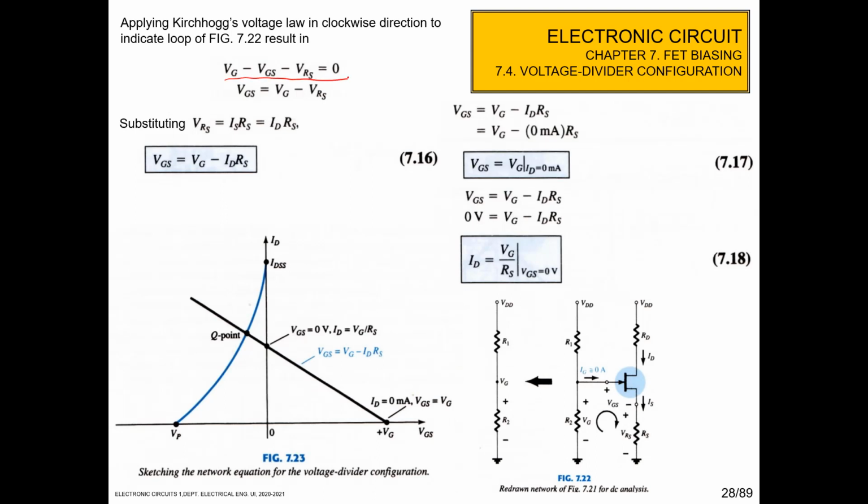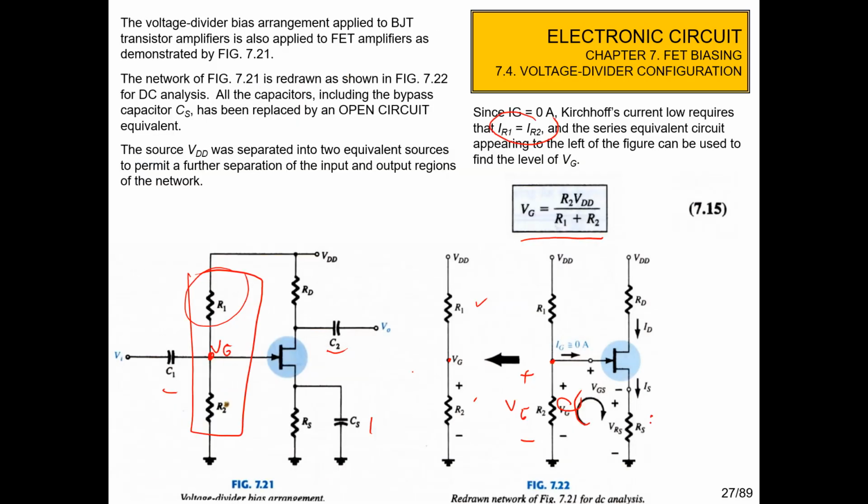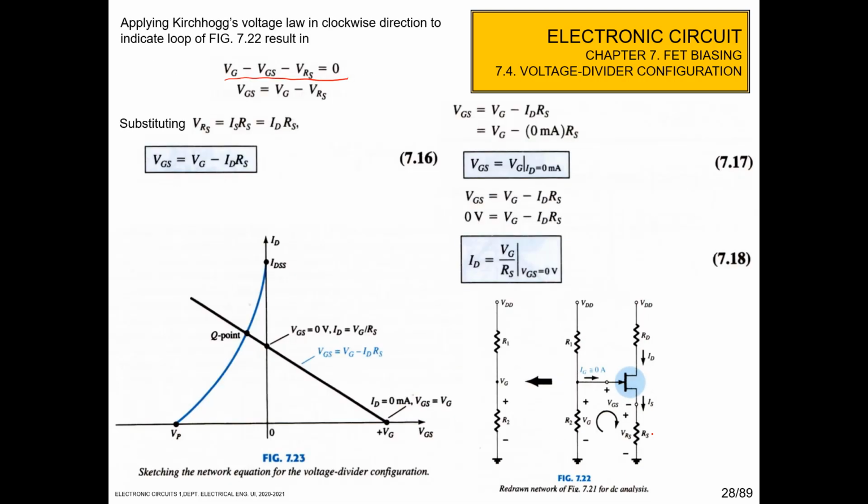So VGS is equal to VG minus VRS. We can substitute VRS like in the self-bias: IS is equal to ID, so VRS is ID RS. Applying this to the equation, VGS is equal to VG minus ID RS.